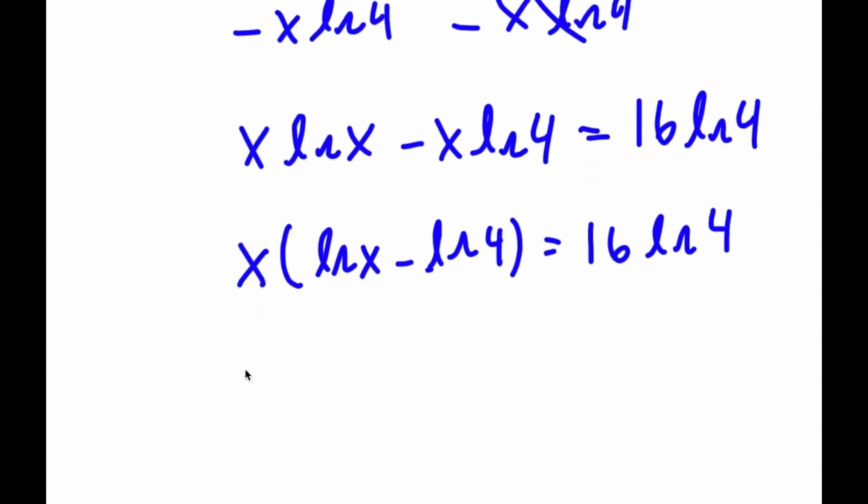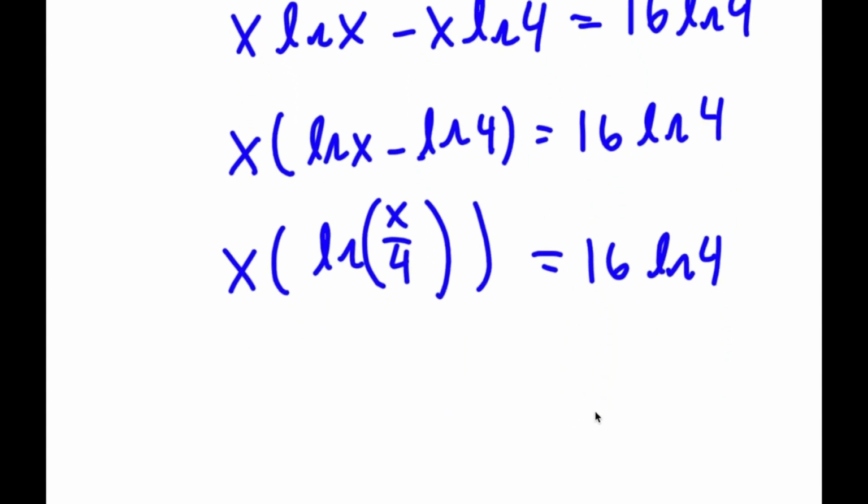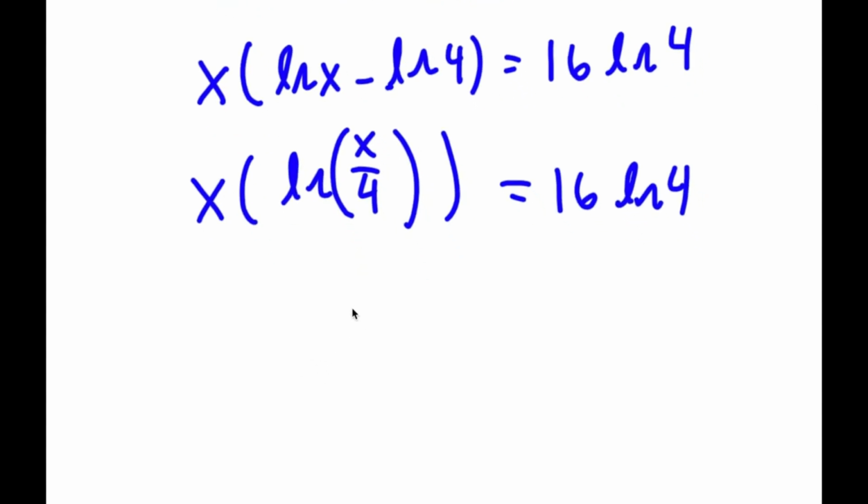Now ln x minus ln 4 is simply equal to ln x over 4. So I have x times ln x over 4 is equal to 16 times ln 4. And now this is essentially saying that x over 4 is equal to 4 over here.